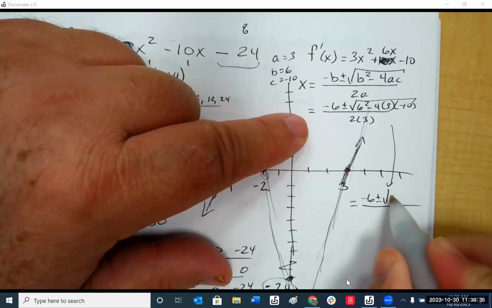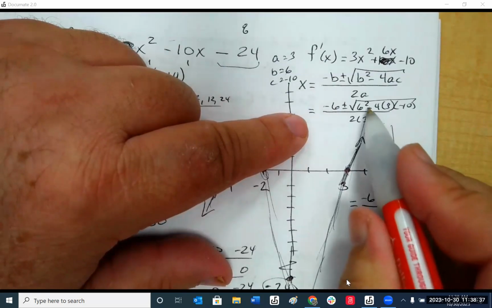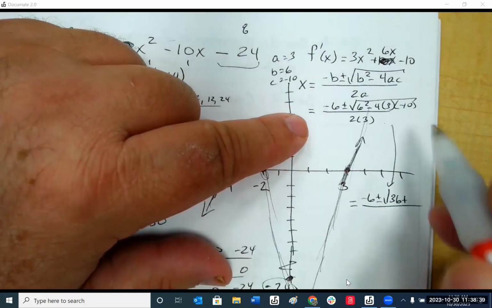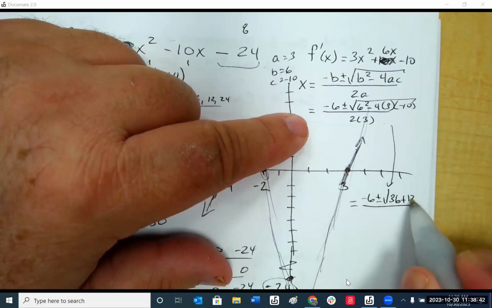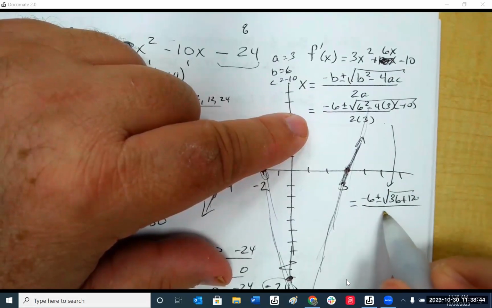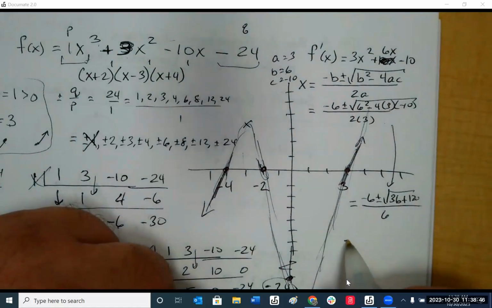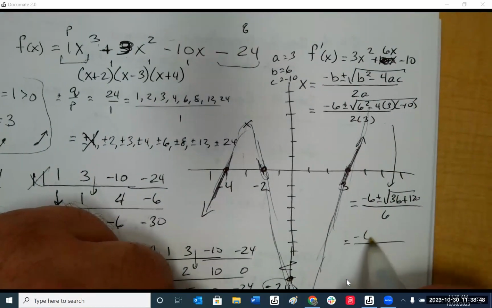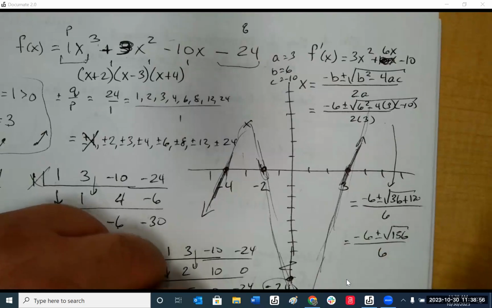So -6 plus or minus 36, negative and negative is a positive, 12 times 10 is 120, so the square root of 156 over 6.